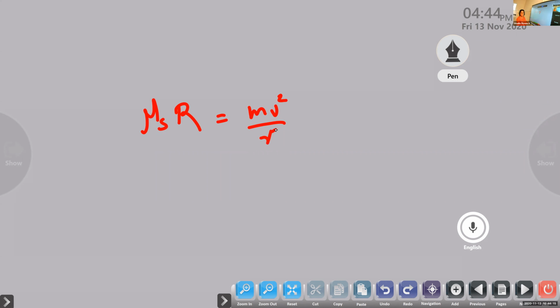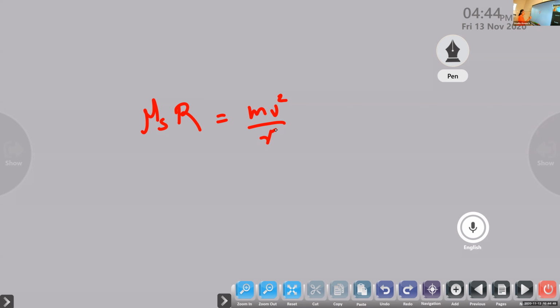So we can say the centripetal force is provided by the normal reaction force horizontally. Even though we know the normal reaction acts vertically, in this case we get a balanced equation between the frictional force and this. What is mu? Mu_s is the coefficient of friction between the tires and the road, which we already learned.